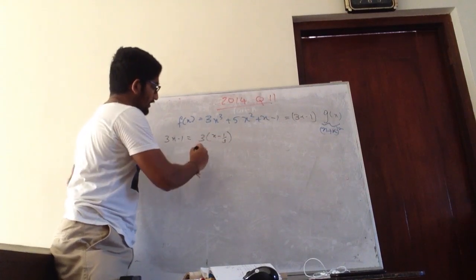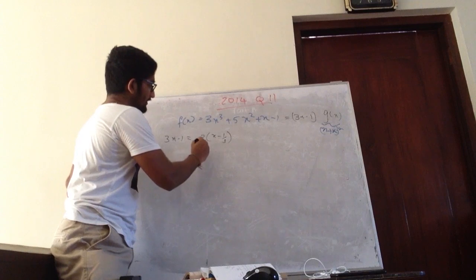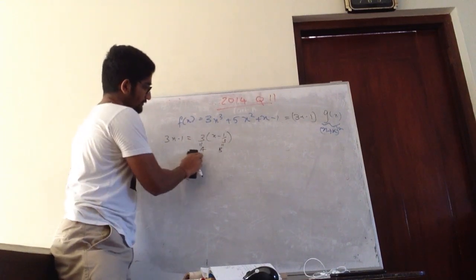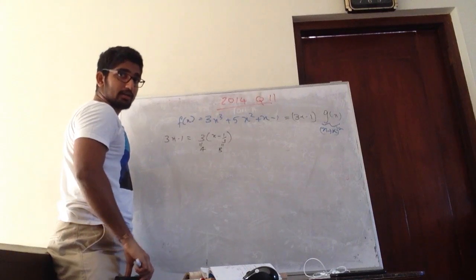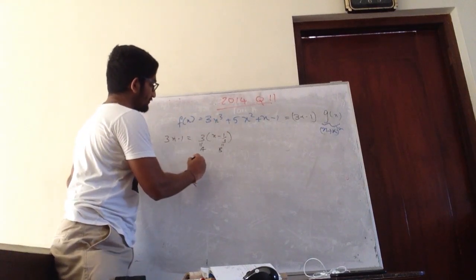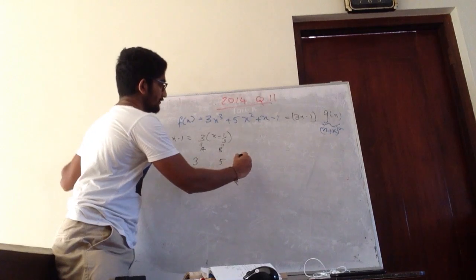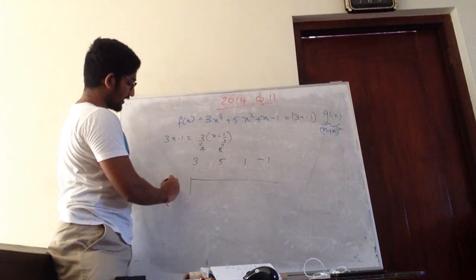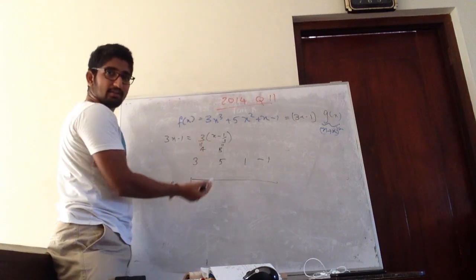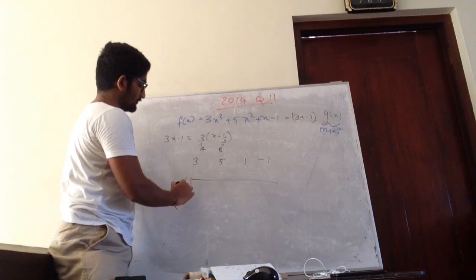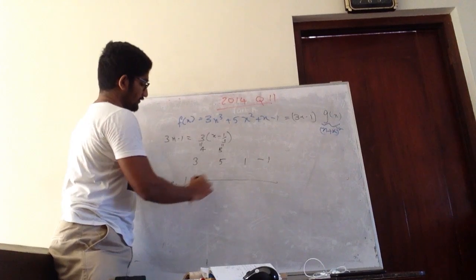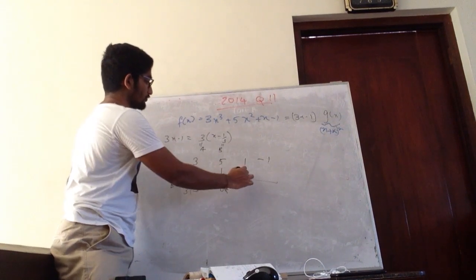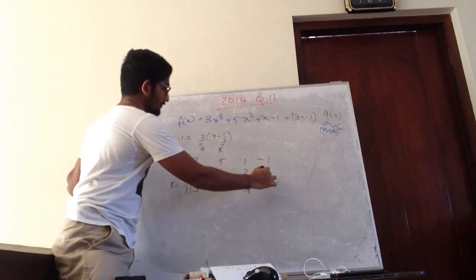Then let's consider this as A and this as B. So you write the same thing the same way, and you write the B part here. So that is what we usually do. 3, 1, 6, 2, 3, 1, 0.